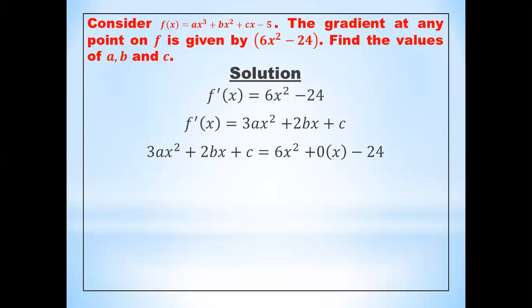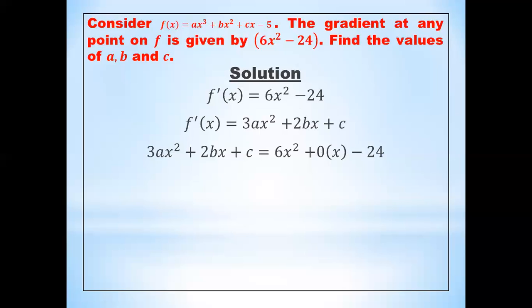Now, remember something. When you derive a cubic graph, it becomes like a quadratic. It's supposed to be in the form of ax squared plus bx plus c. So if we take a look at the function f prime of x here, it is equal to 6x squared minus 24, but it's supposed to be 6x squared plus something minus 24. So that middle term, like the bx, is not there. It tells you that b is 0.